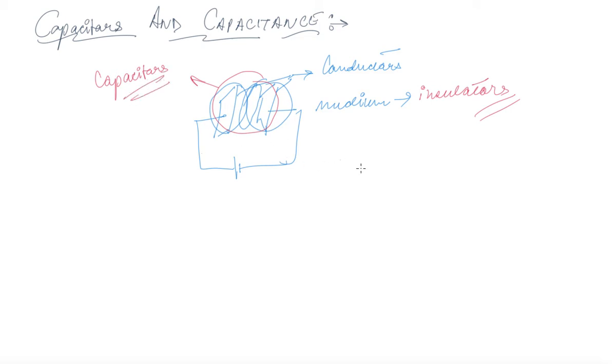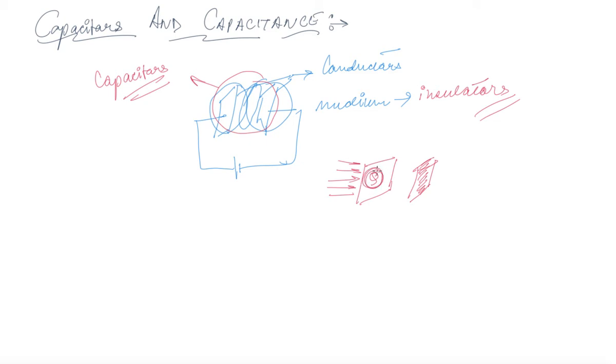Now what happens is that, suppose this is one plate, and this is another plate right in front of it. Now you put a charge over here. You have put a charge Q in here.